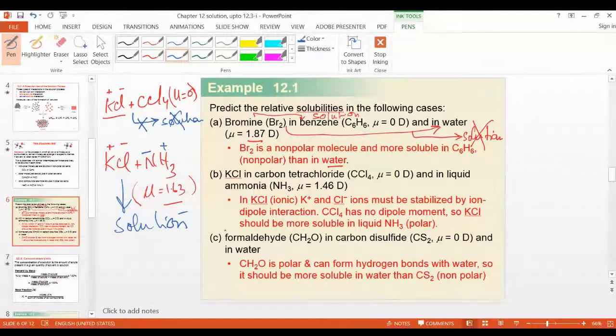Third example, formaldehyde. As I told you, hydrogen is there, so this is automatically polar. Will this formaldehyde dissolve in carbon disulfide? So this formaldehyde, HCHO, we can also write like this.